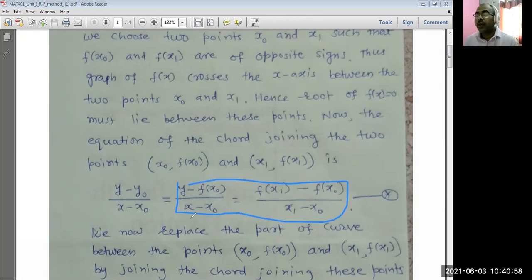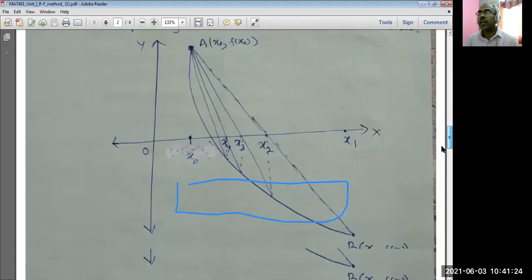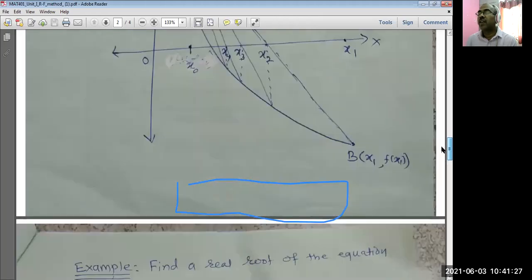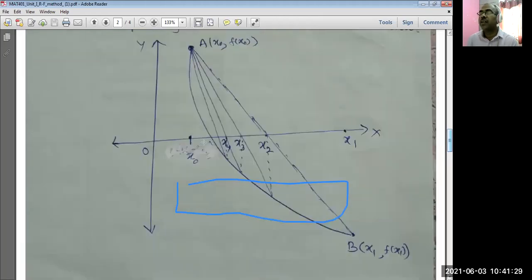Now what we do, we replace this curve with this straight line which passes through the points (x0, f(x0)) and (x1, f(x1)) by joining the chord at the two points. I will go to the figure now.